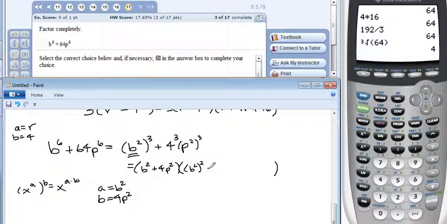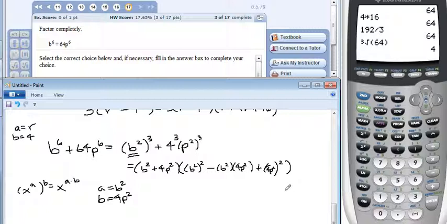Then I have minus b squared times 4p squared. I'll clean these up. Then I have plus 4p squared squared. I'll just use that one. Okay, I have the whole b squared.